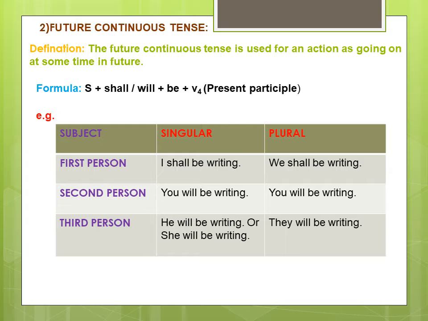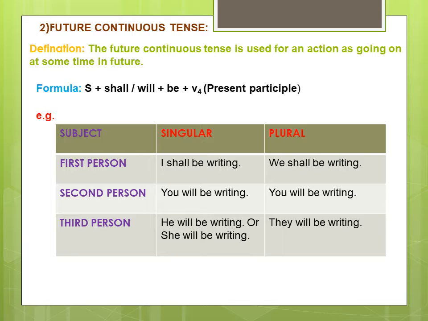So here you is the subject, will is important, and be also, and writing is the present participle form of the verb. Next, plural, you will be writing. So here you, second person, will is the helping verb, and be is also important in it because it joins the two tenses. So with the helping verb, be is also necessary. Writing, present participle form of the verb.